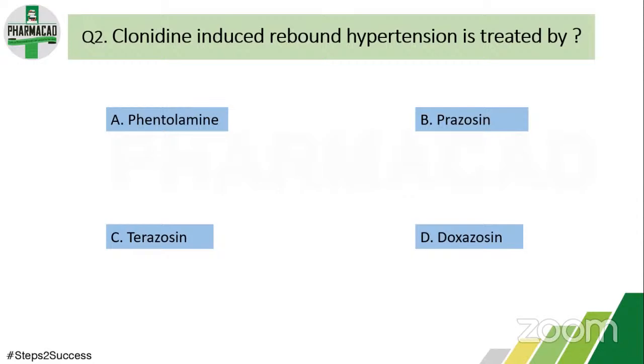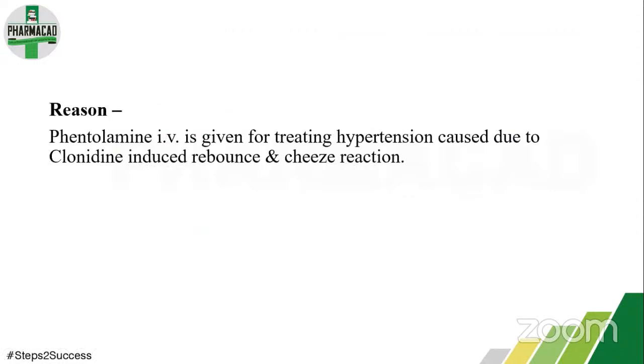Clonidine induced rebound hypertension is treated by which of these drugs? If you read your theory properly, the answer is phentolamine, because prazosin, terazosin and doxazosin belong to the adrenergic blocker drugs.